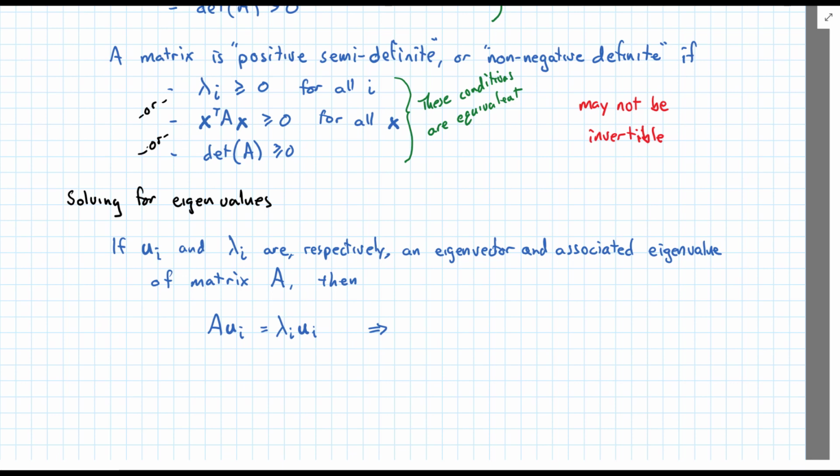If this is the case, we can subtract lambda u_i from both sides, and that should evaluate to the 0 vector. Well, actually first let's pull out u_i.